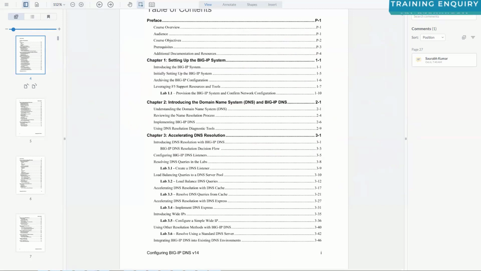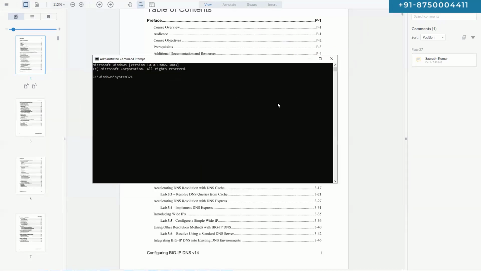For example, I'm going to run CMD as an administrator. So that's CMD, and I can run ipconfig, right?